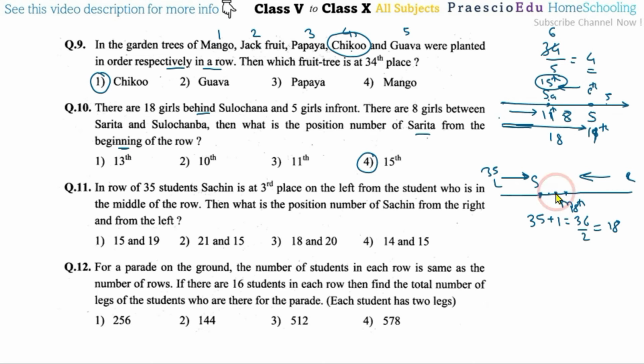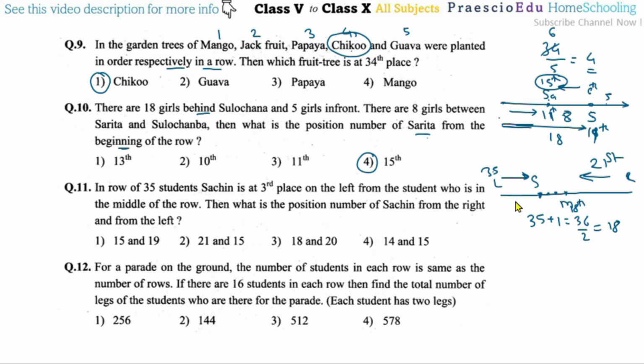So 18th, then 19th, then 20th and 21st. So 21st from the right, okay. And if we deduct from 35 after the 21st, there are 20 students, so 20 we have to deduct, then only this number will come. So 35 minus this 20 is 15, so we will get the 15th, okay.